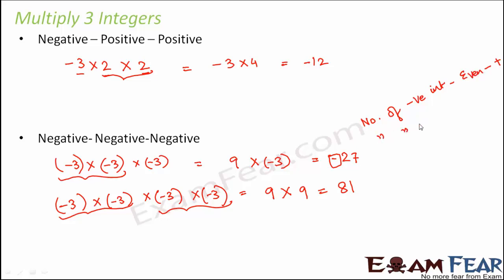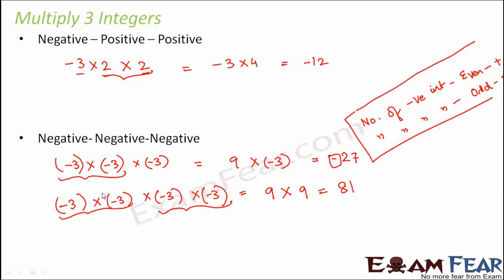And if the number of negative integers is odd, then the result would be negative. Like here, the number of negative integers was odd, 1, 2, 3. Therefore, the result was negative. Here, the number of negative integers is even, 1, 2, 3, 4. Therefore, the result is positive.